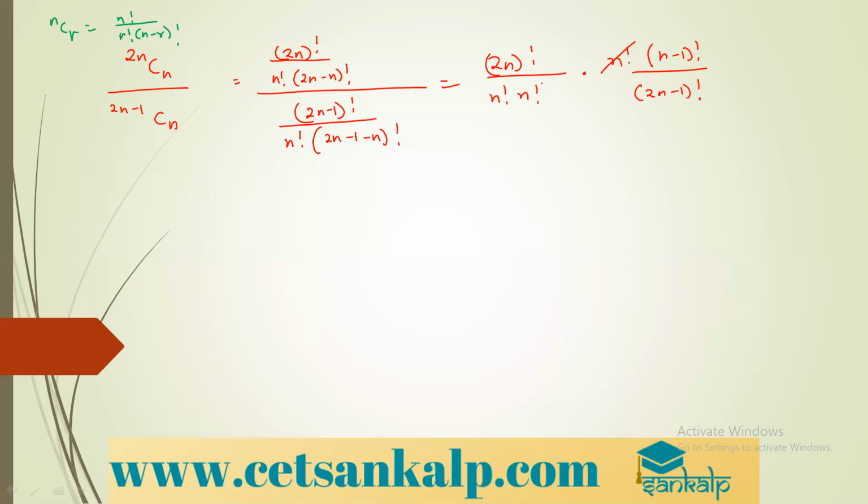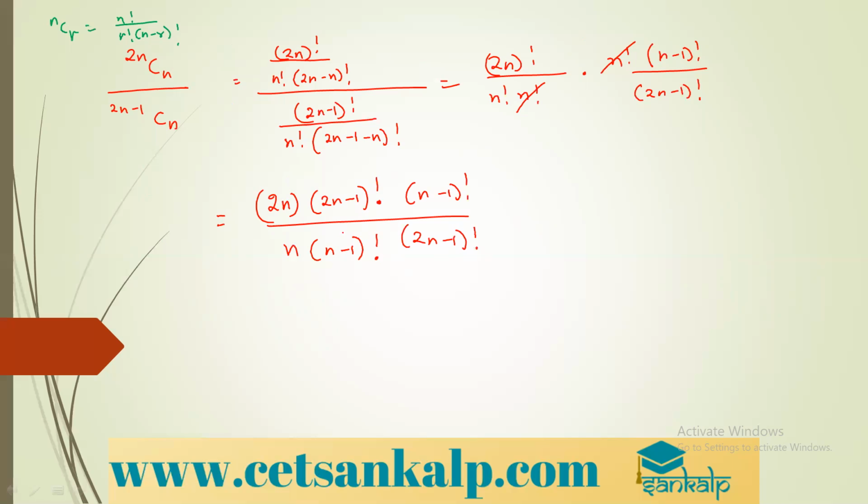First of all, I will cancel n factorial. Now 2n factorial, I will write 2n into (2n minus 1), and I'll stop here by putting factorial. Then (n minus 1) factorial. Denominator n factorial, I'll start with n, then n minus 1, I will stop by putting factorial, and then (2n minus 1) factorial.